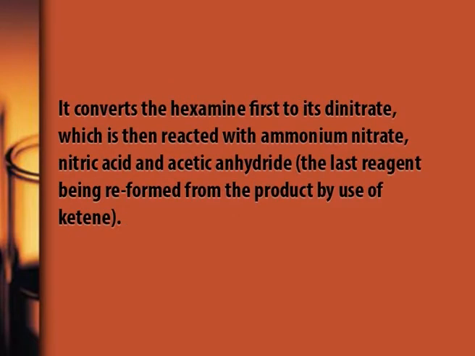It converts the hexamine first to its dinitrate, which is then reacted with ammonium nitrate, nitric acid and acetic anhydride, the last reagent being reformed from the product by use of ketene. The RDX can be isolated by evaporation of the liquor and then purified by washing.